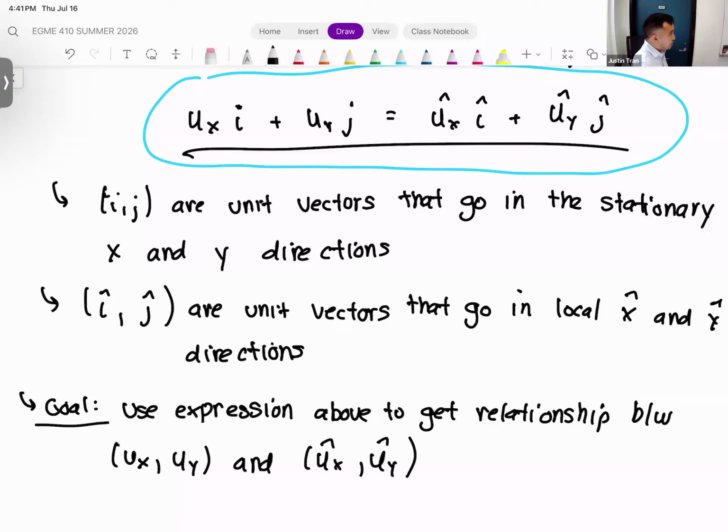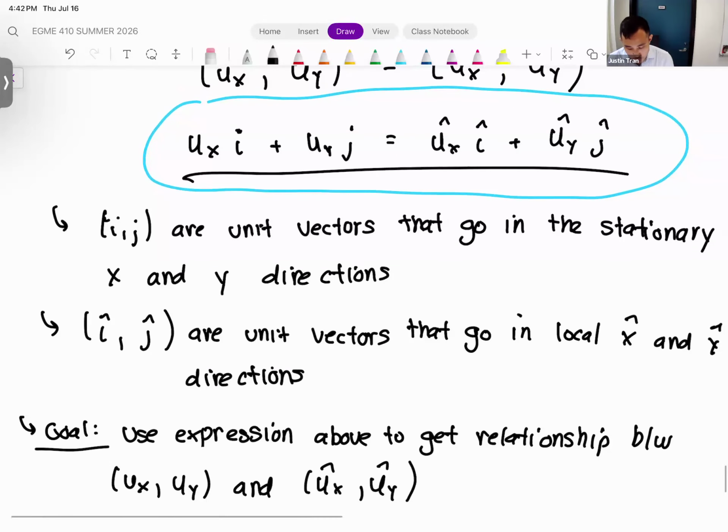The way we're going to do that is we're going to express the unit vectors in terms of their corresponding pair. So we're basically going to plug in for i and j and express that in terms of i hat and j hat. Which sounds a bit complicated, but trust me, it's less than what it seems.